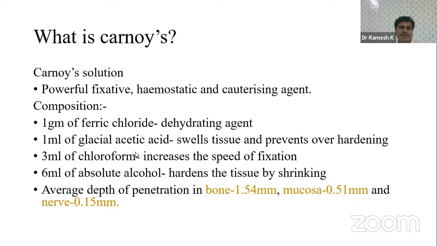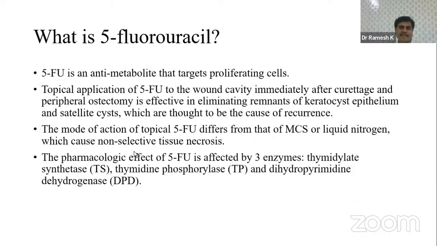It is an antimetabolite that targets proliferating cells, and we apply topical 5-fluorouracil in the wound cavity immediately after curettage, and we have to keep this 5-fluorouracil at least 24 hours postoperatively. Its effectiveness is in eliminating the remnants of keratocystic layers and satellite cysts, which are the cause for recurrence.